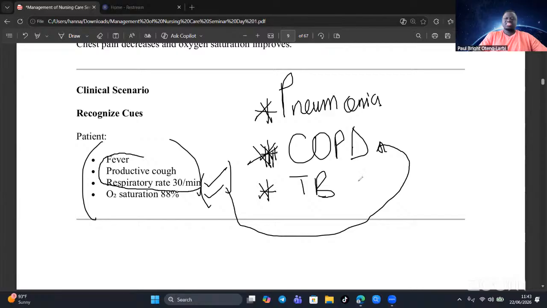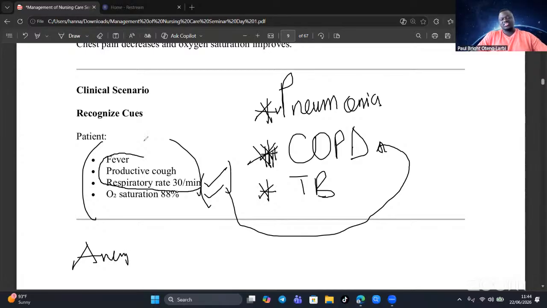Then the person who said tuberculosis, yes, acute respiratory distress. Okay, let's look at these two. So now we have recognized our cue. Let's analyze the cue.